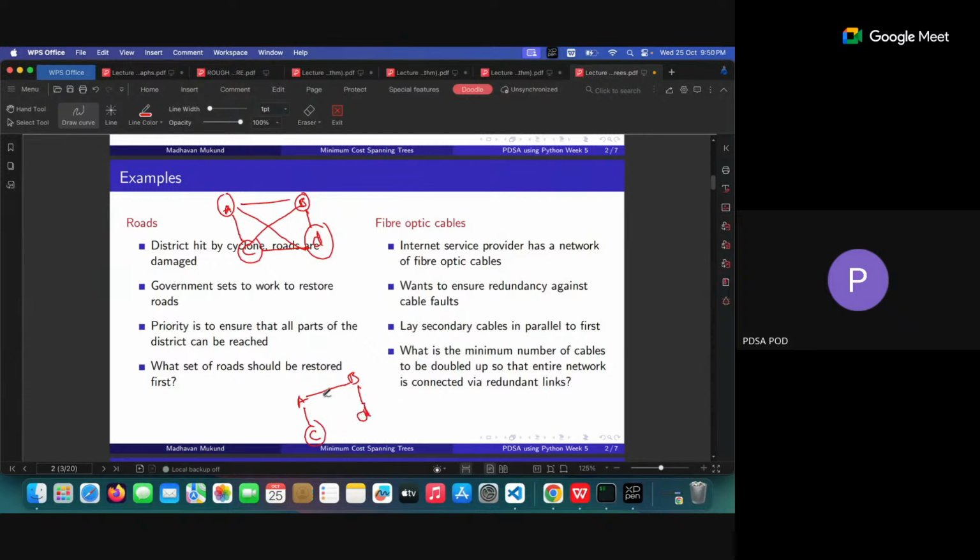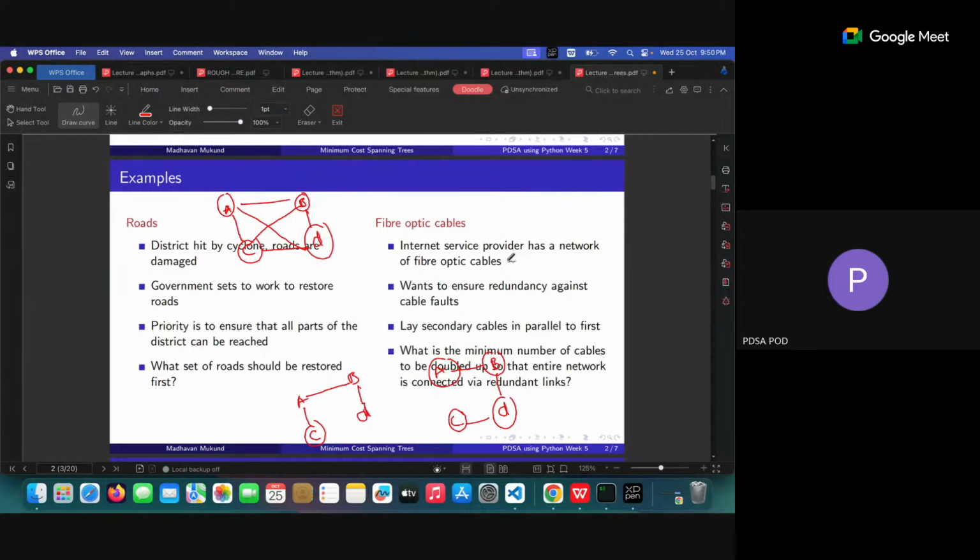You need not connect A to D, because if you go to B, you can reach D. If you go to A, you can reach C. Otherwise, they can connect C, D, and then connect to B, and from here connect to A. So what set of roads should be restored? Only 3 roads are enough, which can connect all 4 districts or places hit by the cyclone.